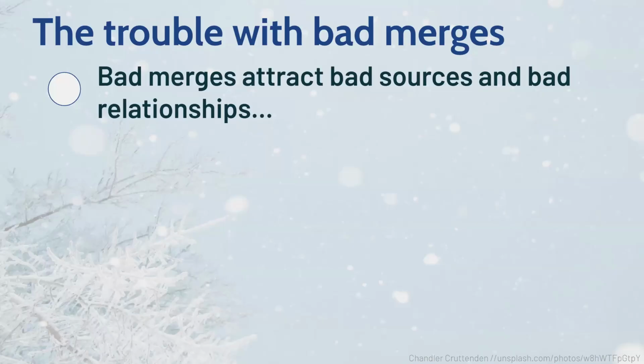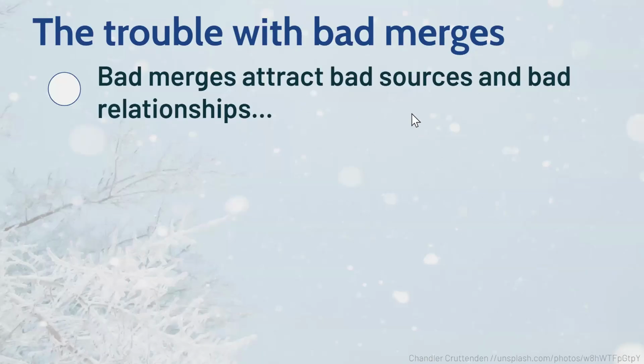So if we give FamilySearch an inaccurate birth date for someone, or we give FamilySearch the wrong parents, probably FamilySearch is going to come back with incorrect record hints and incorrect duplicate hints because we didn't give it good information. So bad merges tend to put bad information on profiles.